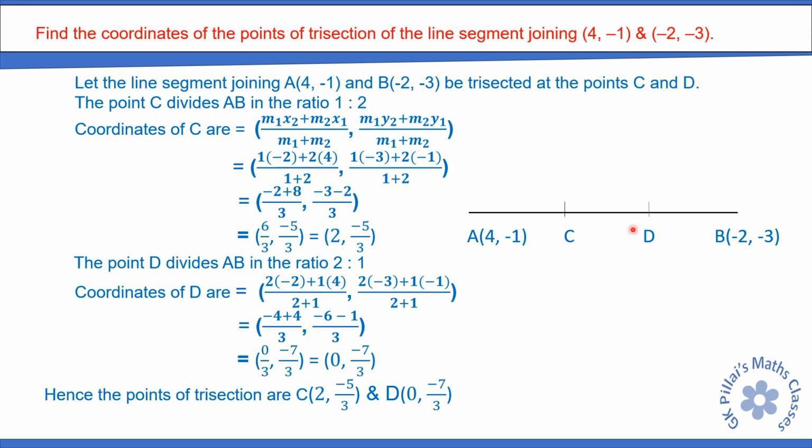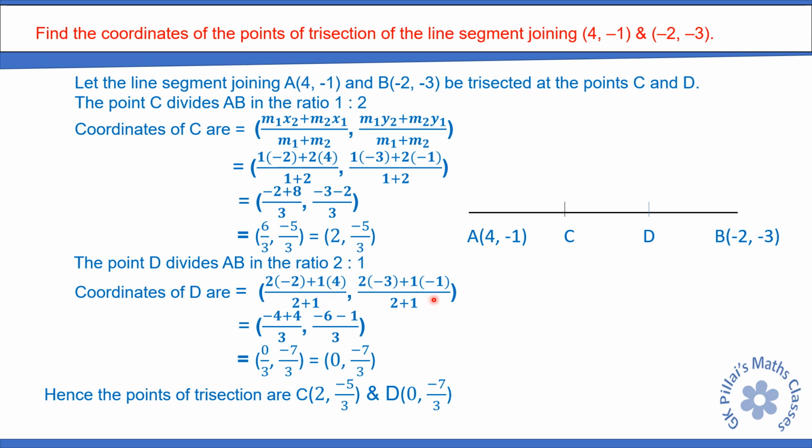Second thing I told you, D divides AB in the ratio 2:1. Now the same section formula here, 2 into minus 2 plus 1 into 4 upon 2 plus 1.